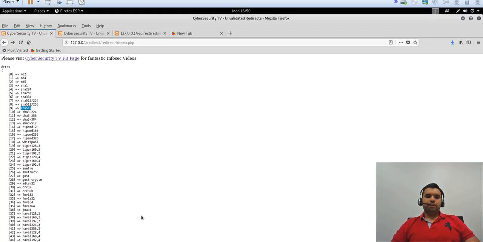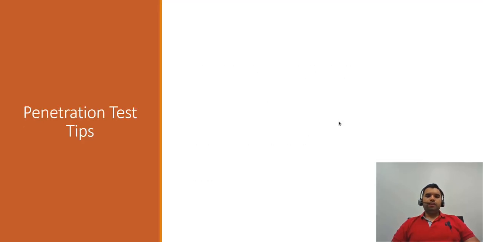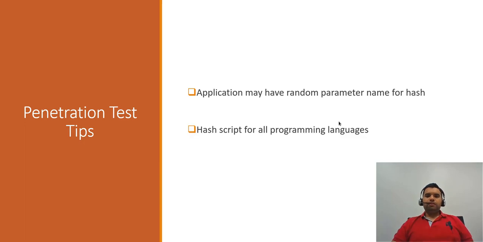So when you are doing actual penetration testing, what are the things you need to take care of, or make sure? The first thing is, as we saw in our example, the parameter name was random and it was easily visible, and also its value, right?